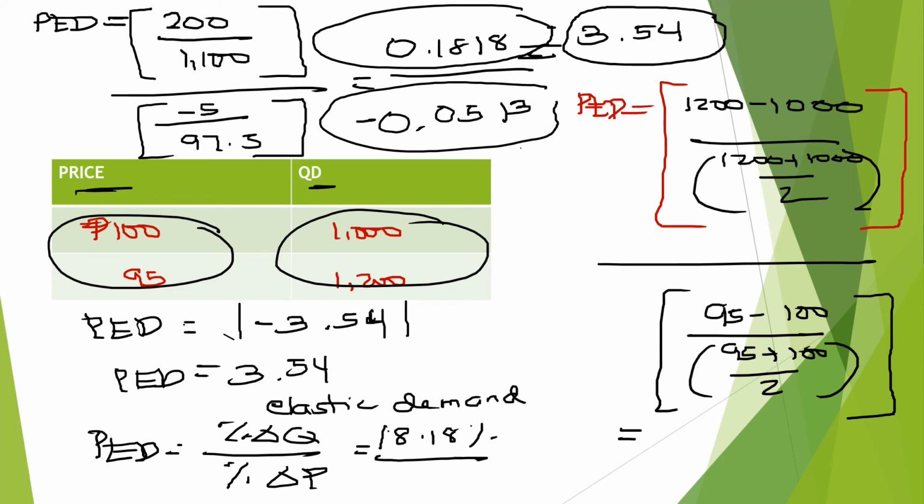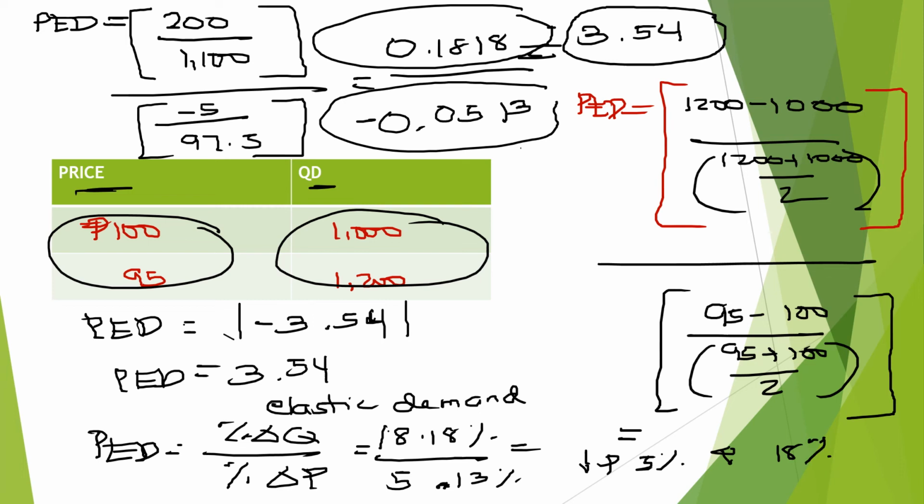But by how much did the price change? The price only dropped by 5.13%. Okay, so see the reaction of your Q. A small change in price, a drop in the price by 5%, increased the Q by 18%.